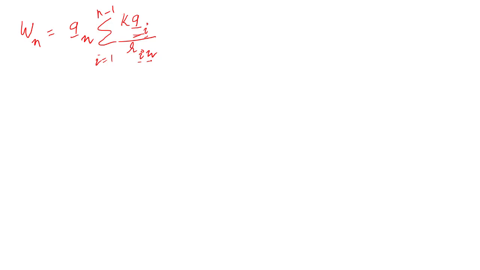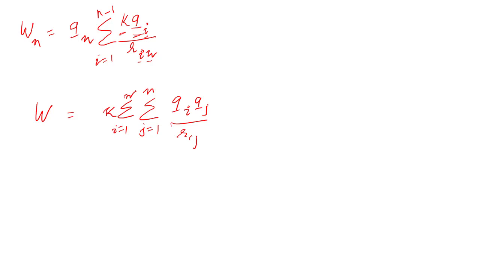So based on this, you can write total work done as simply K times, K is constant all throughout so you can pull it out, the sum over Qi Qj by Rij, and here I have a summation on j where j is going from 1 to n for each charge I am bringing in, and j is greater than i.